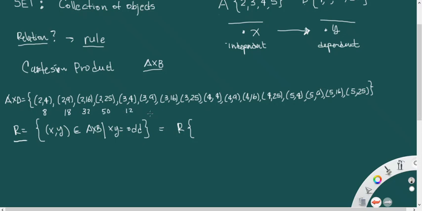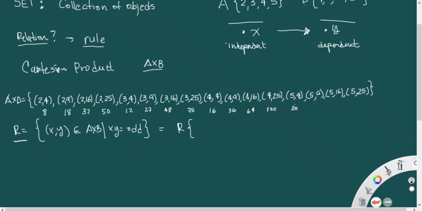This equals 12. This equals 27. And this equals 48. This is equal to 75. This is equal to 16. This is equal to 36. This is equal to 64. And this equals 100.